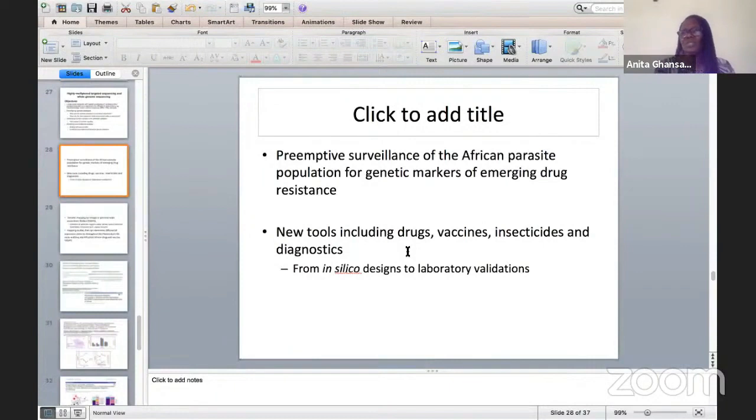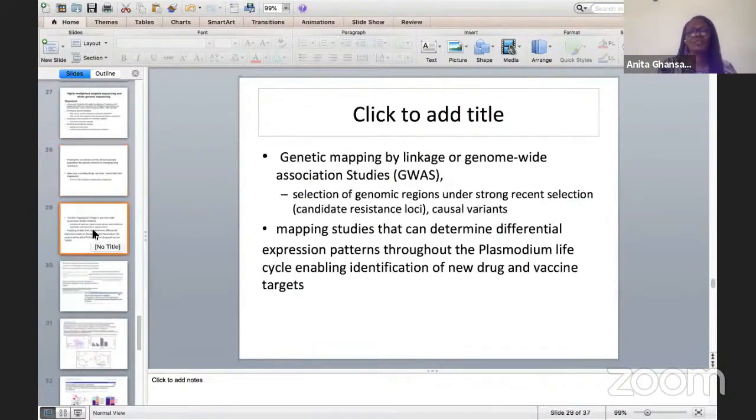We don't want a situation where we are overwhelmed with highly resistant parasites. So we are constantly surveilling for resistant parasites. And so we're also looking for new tools for drugs, vaccine, insecticides, and diagnosis using in silico designs that we hope to take through for laboratory validation if we succeed.